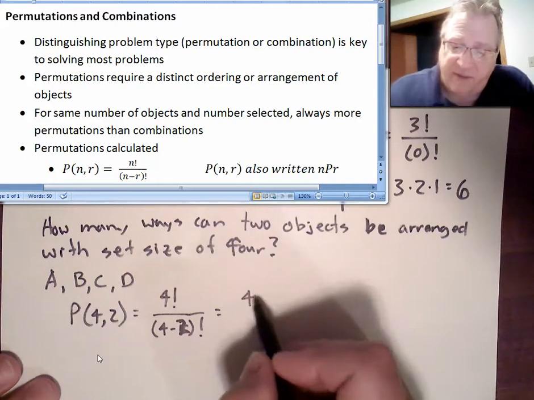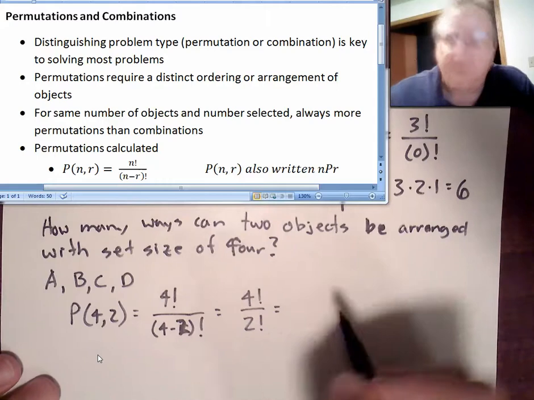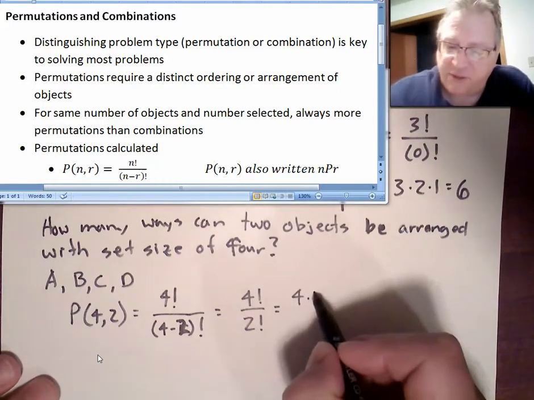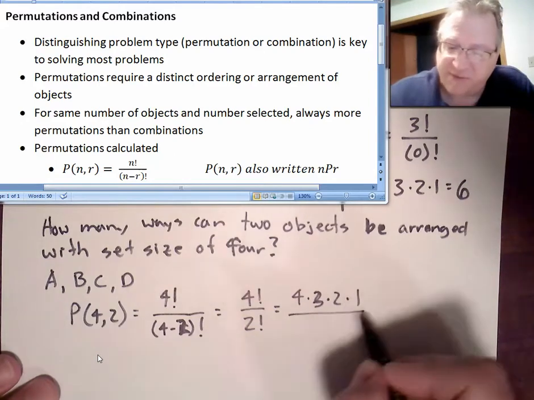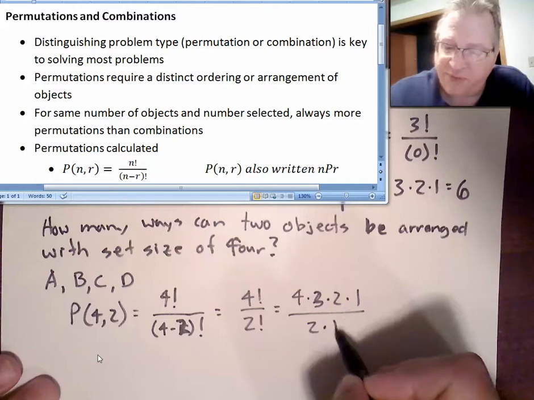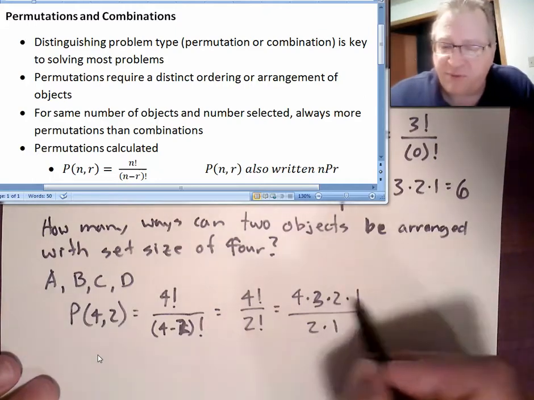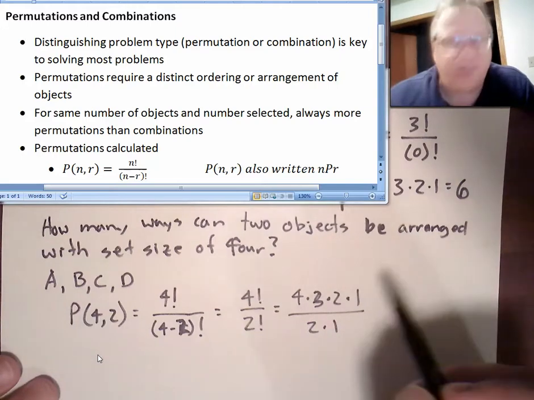And that means 4 factorial over 4 minus 2, which is 2 factorial. And now I'm going to write out factorials. This is 4 times 3 times 2 times 1 divided by 2 times 1. And now, since all objects in both the numerator and denominator are multiplied together, we can cancel top and bottom.